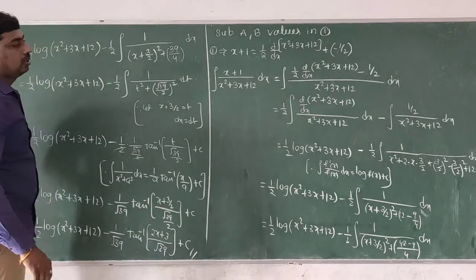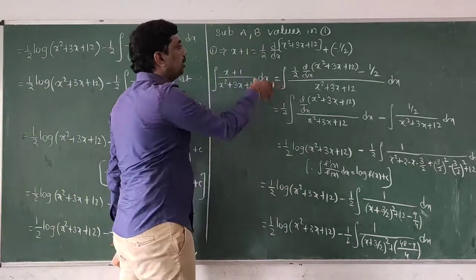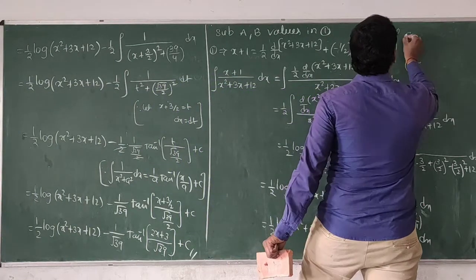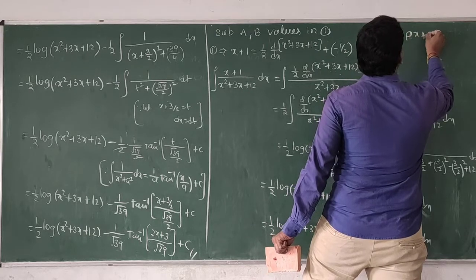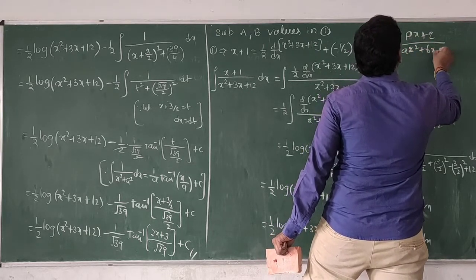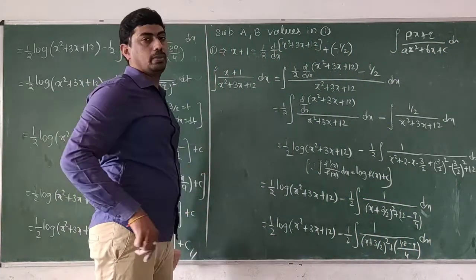Okay. Listen again. From the starting onwards, the total given problem is in the form of integration of px plus q by ax square plus bx plus c dx. Okay, that is the given problem.